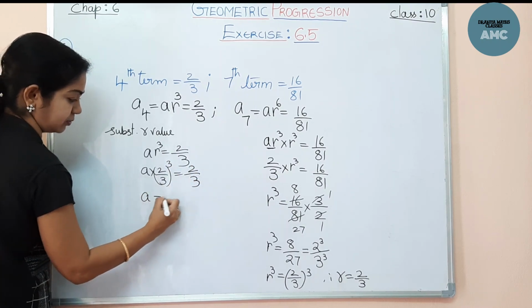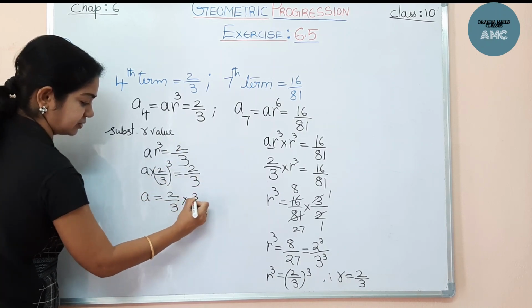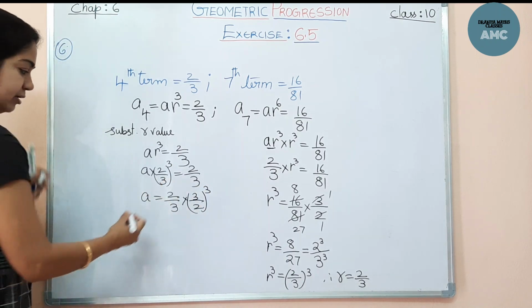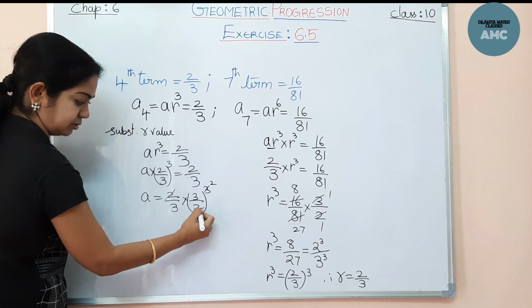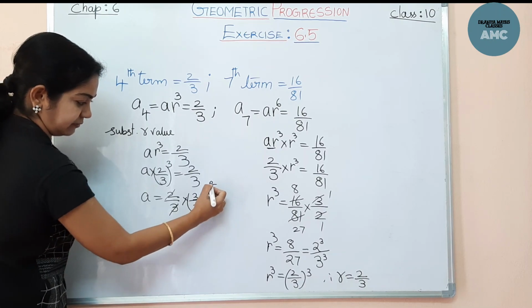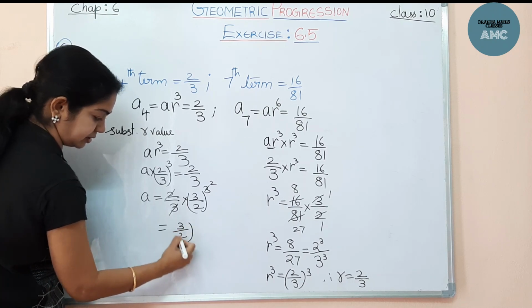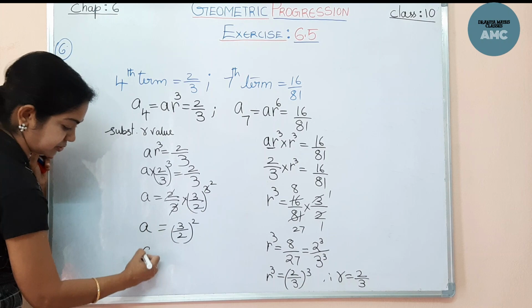Now A is equal to 2 by 3, and shifting this to the other side, it becomes 3 by 2 whole cube. Now we cancel 2, so there will be 2. And if you cancel 1, 3, there will be 2. So that means here 3 by 2 raised to the power of 2. Now this is the A value.